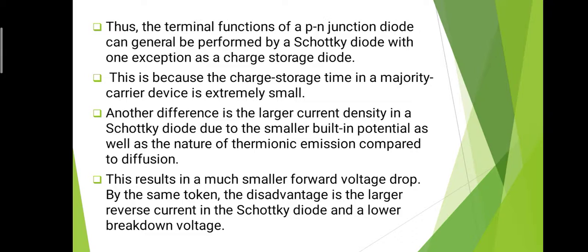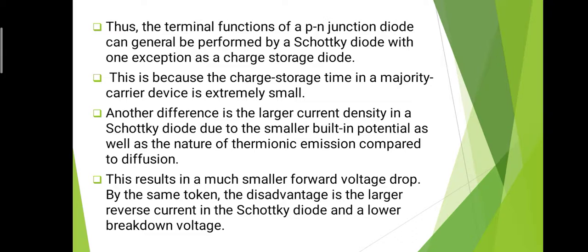Another difference is the larger current density in a Schottky diode, due to the smaller built-in potential as well as the nature of thermionic emission compared to diffusion. In a Schottky diode there is a very small built-in potential, and due to that, a very large current density is present.